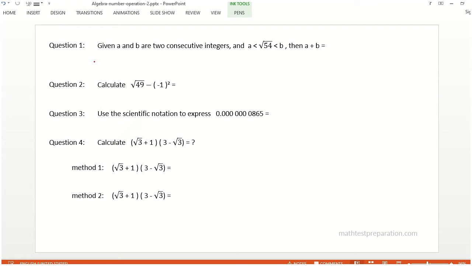The square root 54 is larger than the square root 49 and less than the square root 64.